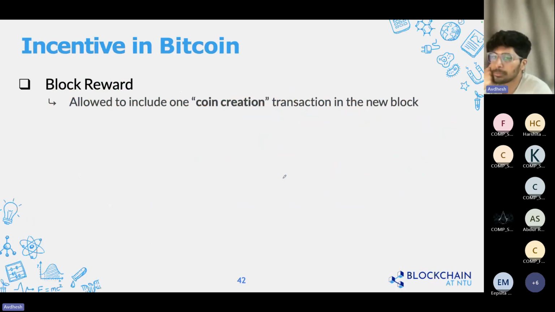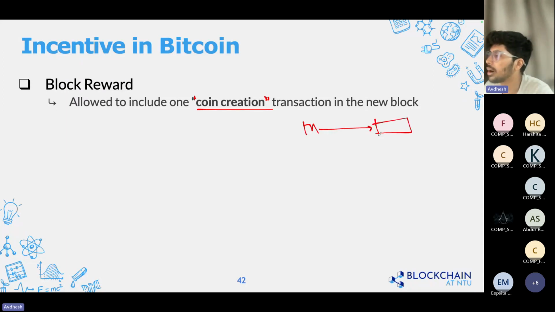One mechanism that incentivizes them is that after they append the block, they get something called coin creation. All the miners that append the block will get a few Bitcoin in return.